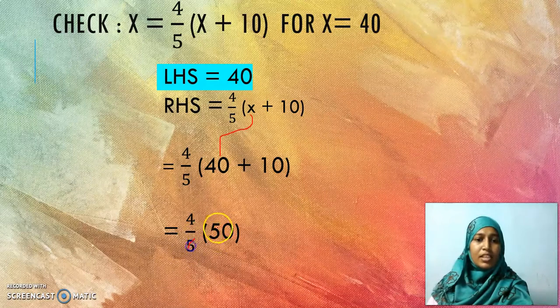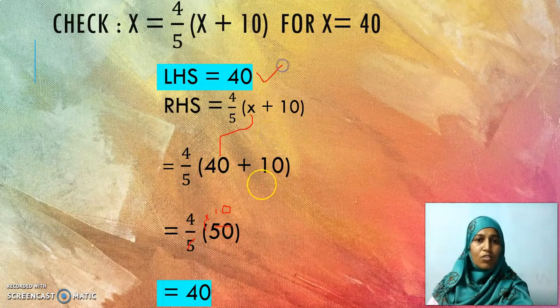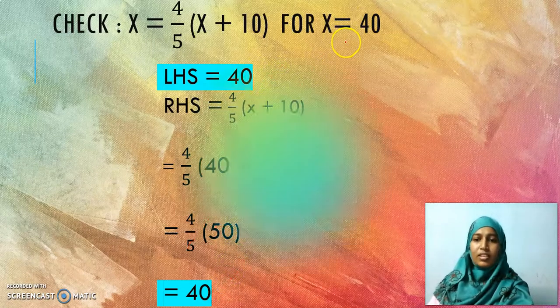I'm cancelling: 1 5 is 5, 10 5s are 50. What are 4 10s? 40. This bracket symbolizes multiplication. So 4 10s are 40. See, I got LHS 40 and RHS also 40. So my solution is right.